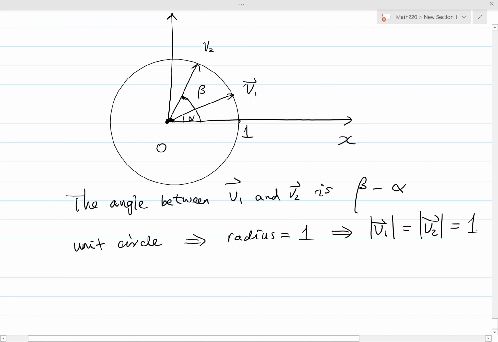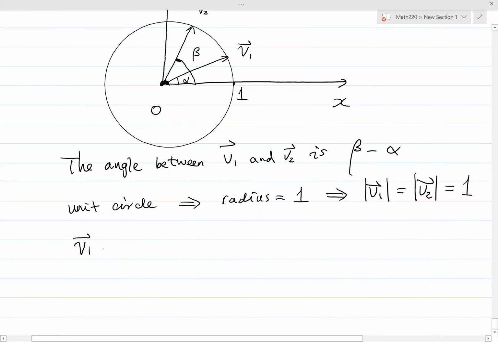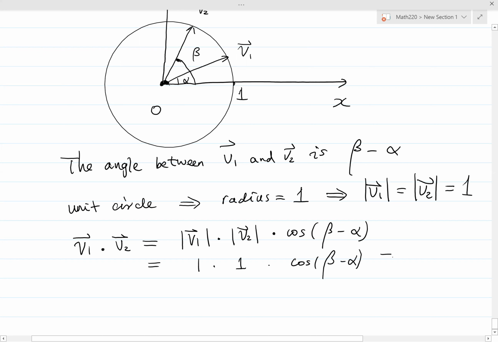By the definition of a dot product, v1 dot v2 is the norm of v1 times the norm of v2 times the cosine of the angle between them, beta minus alpha. This is actually 1 times cosine beta minus alpha, so it's just cosine beta minus alpha.